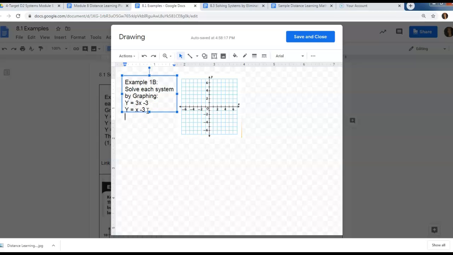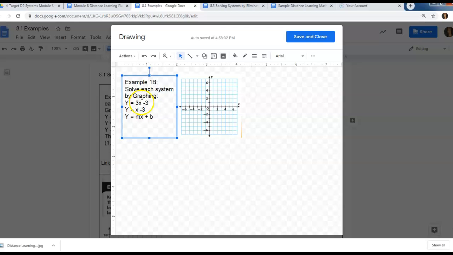The slope-intercept form of an equation is y equals mx plus b, where the m represents the slope and the b represents the y-intercept. So when I compare this equation with this formula, I can see the m is represented by the 3 and the b is represented by the negative 3. So that means that the y-intercept is negative 3 and the slope is 3.